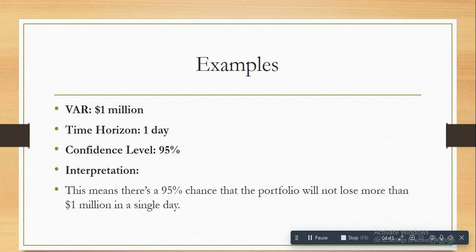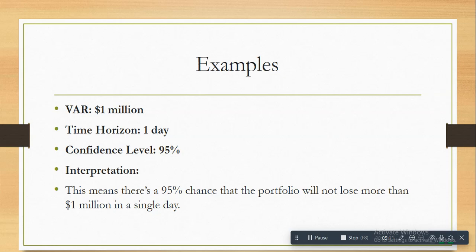So, for example, say VAR 1 million, time horizon 1 day, confidence level 95%. So, what is the interpretation? This means that there is a 95% chance that the portfolio will not lose more than $1 million in a single day. So this is how you break down a VAR statement.